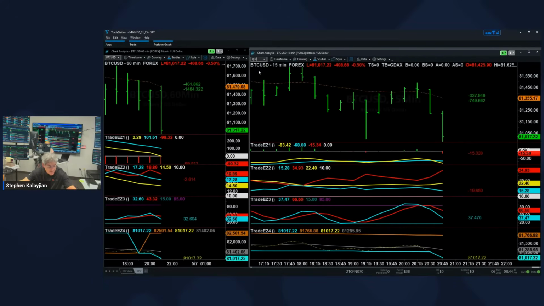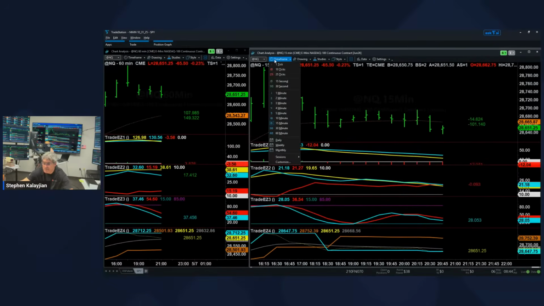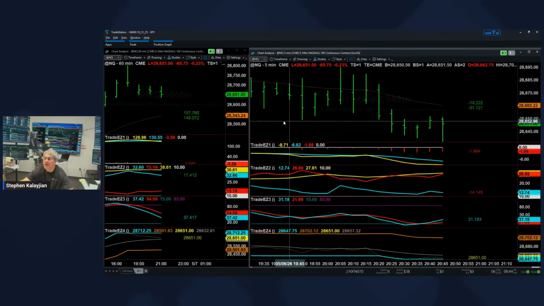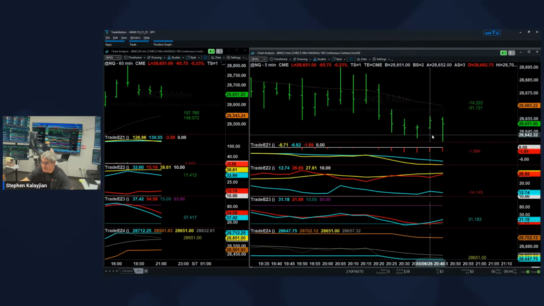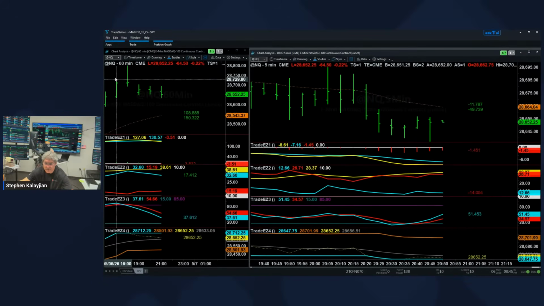Let's see the NASDAQ. Oh my God, what a short on Bitcoin. I was about to say buy. Look at this. Remember, this is another bull flag here.